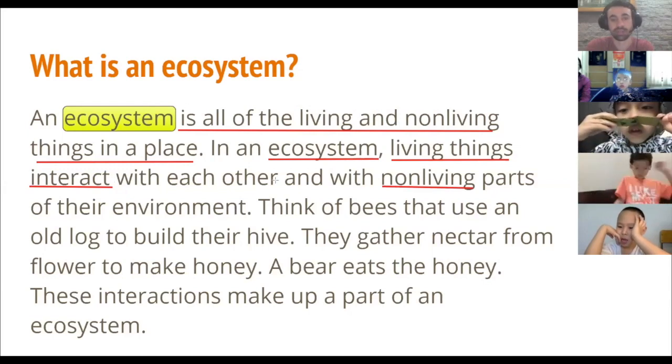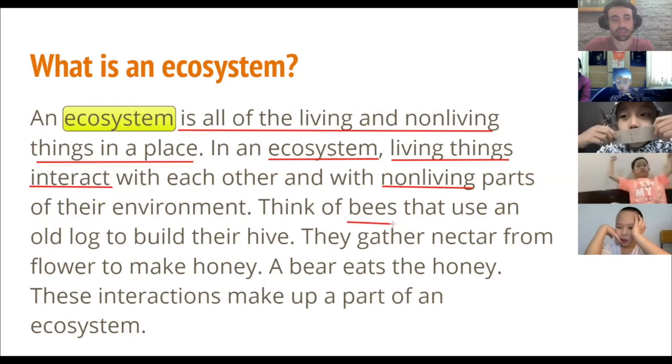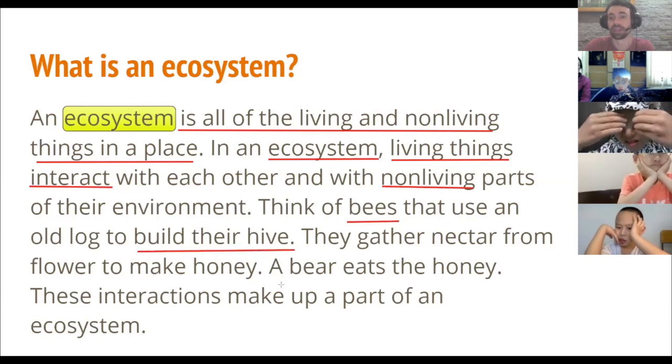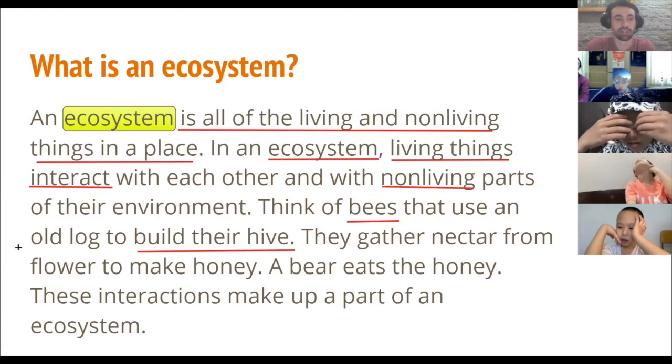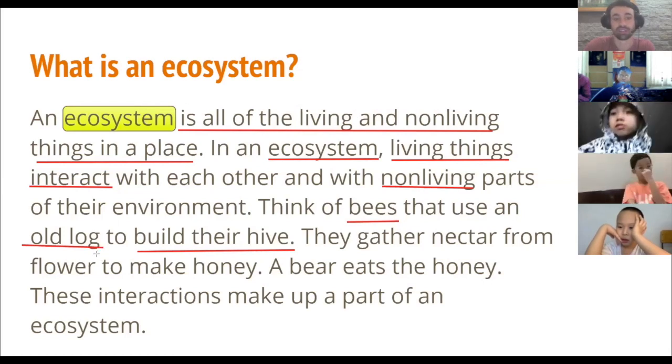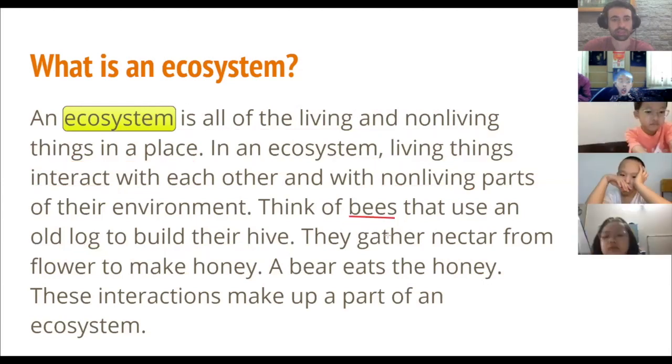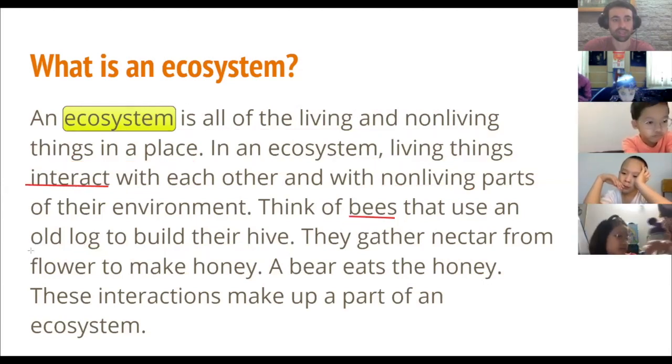As you can see, you have bees, okay? And they built their hive. So this is an individual in an ecosystem. They used an old log, which could be considered a non-living thing. The log, the tree has died. So this is a non-living thing. So this is a bee that interacts with an old log, okay?